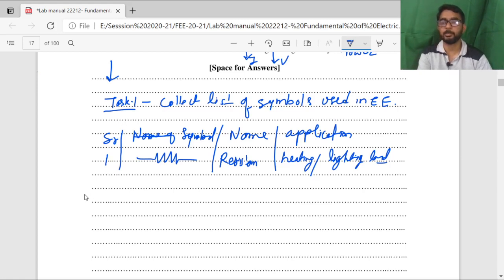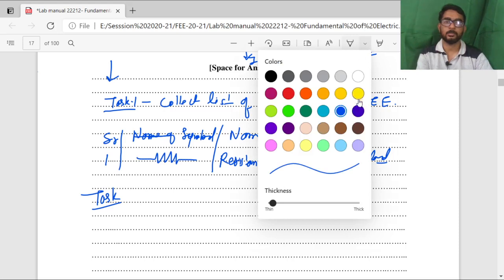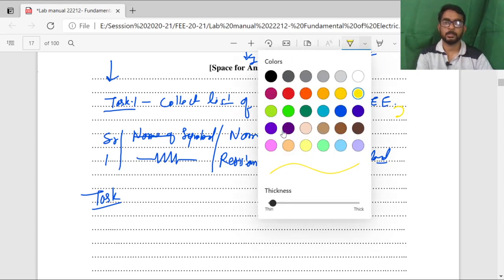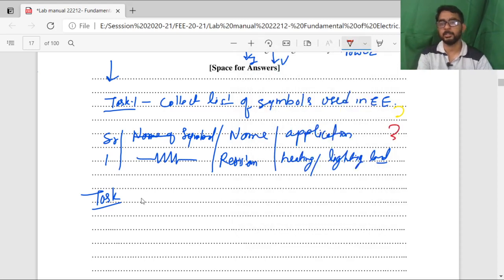To get knowledge of this electrical engineering practical. Then task number 2. Let me change the color for this task. It is not visible. Let me take red. Now it is visible. Task 2.